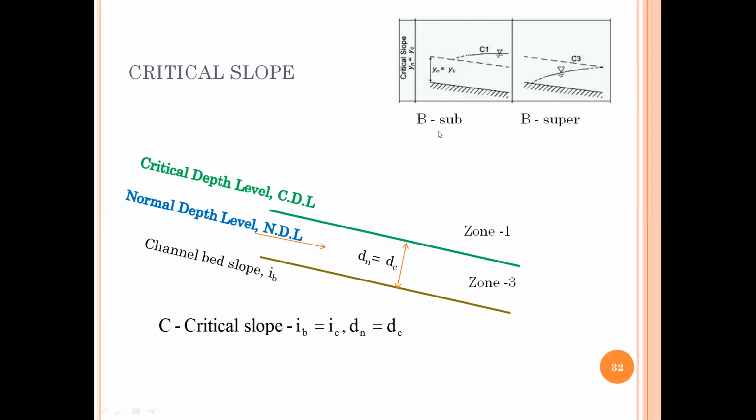See, your velocity is low in subcritical flow. So I'm referring to velocity most of the time. But remember, when I say sub, it is a low velocity or tranquil flow. And when it is in zone 3, again, it is a backwater curve, but here the velocity is high, and that's why it is a supercritical flow.